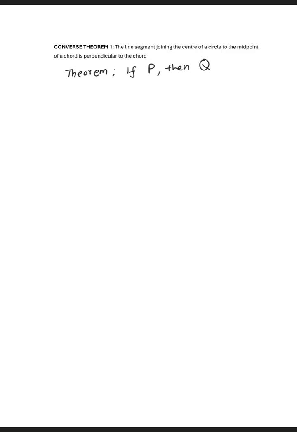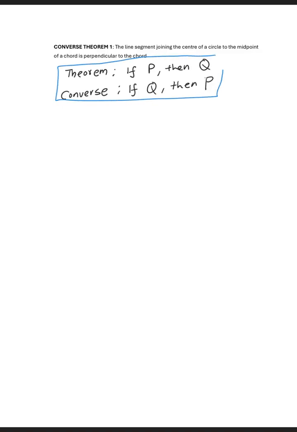P stands for whatever statement we are given, and Q stands for the result that comes out. And this will be the converse: the reverse. If Q then P.